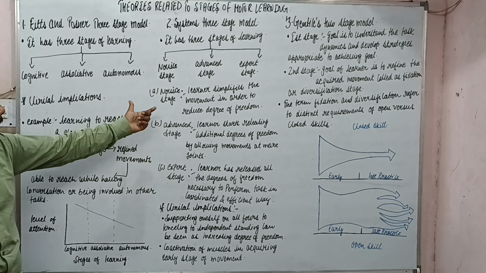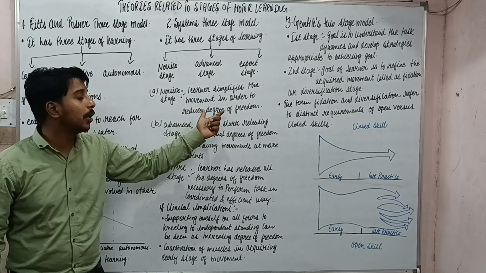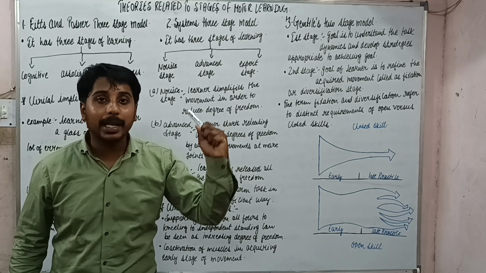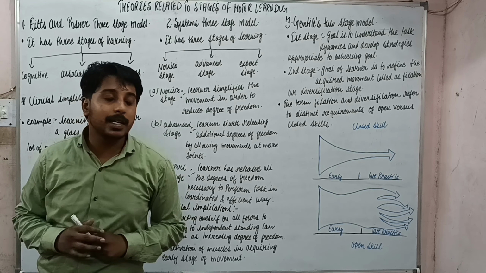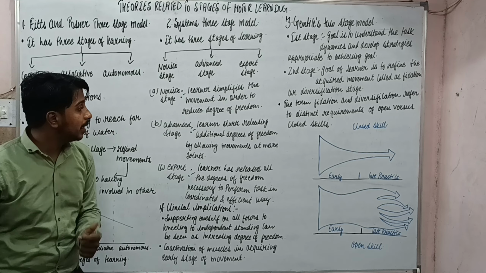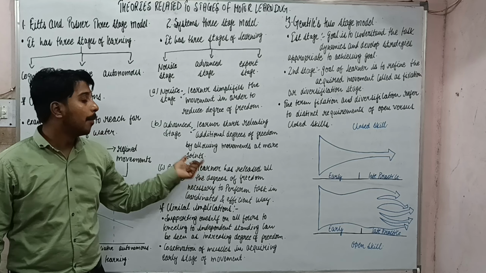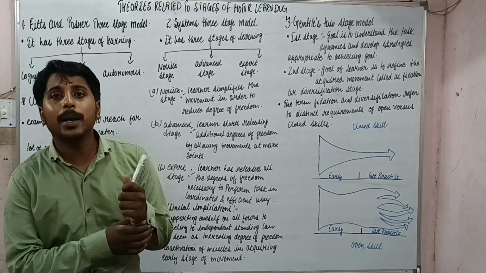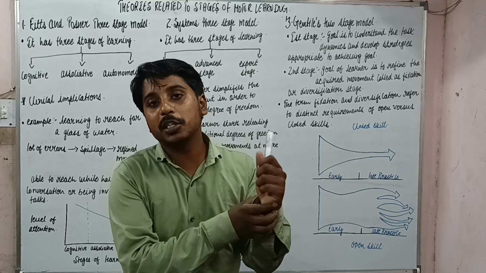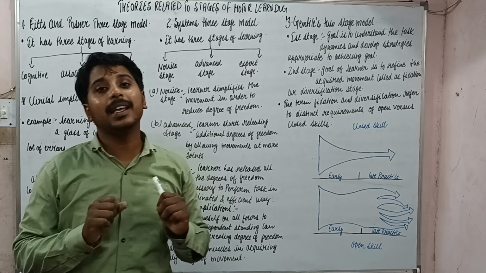See, in the novice stage, the learner simplifies the movement in order to reduce the degrees of freedom. So the learner will hold the hammer and just do like this with contraction of agonist and antagonist both. In the advanced stage, learners start releasing the additional degrees of freedom by allowing movement at more joints. So it will allow minor movement at the wrist also. That is why he or she will reduce the contraction at the wrist joint to reduce the energy expenditure.